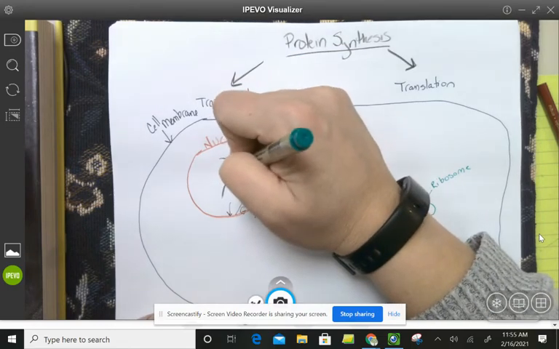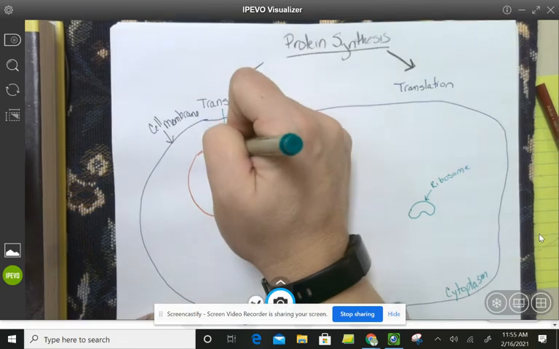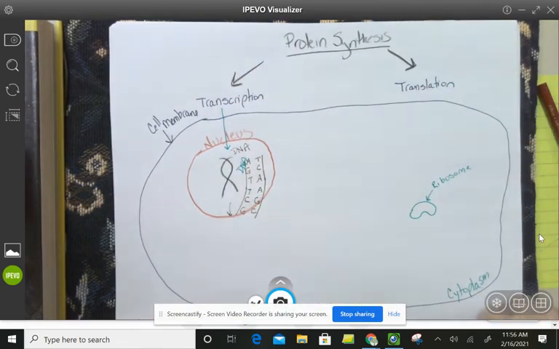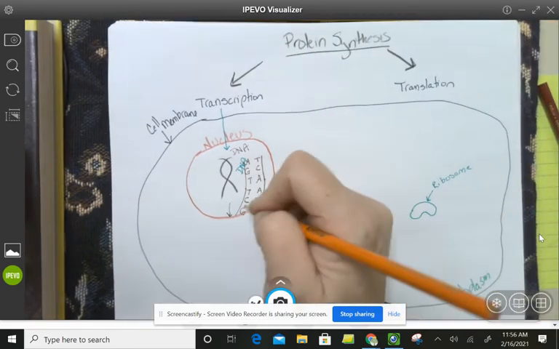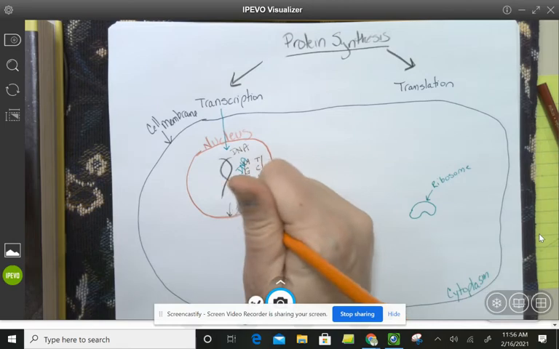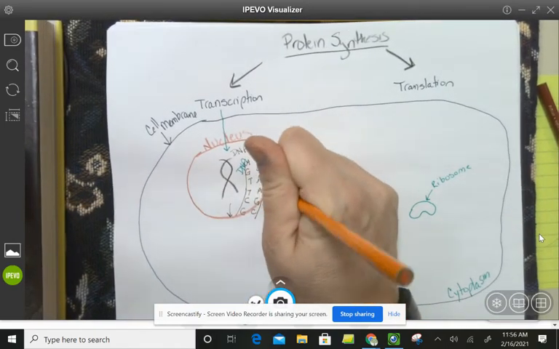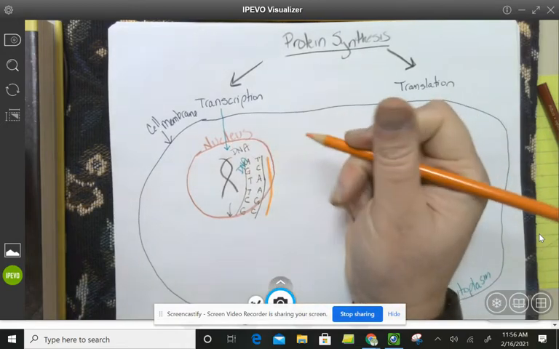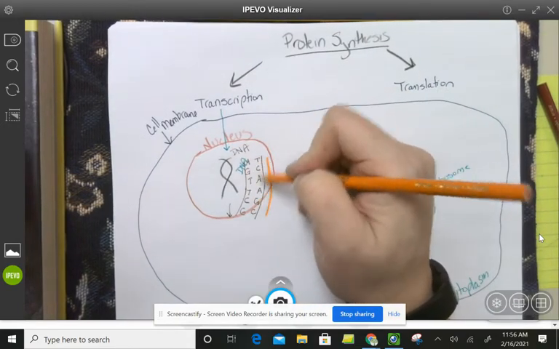This DNA has to be transcribed. It has to be transcribed or copied onto a strand of messenger RNA. So the messenger RNA is going to come along. All right, and I'm coloring outside of the lines a little bit. And anywhere, it's just going to copy itself off of a half of the strand.